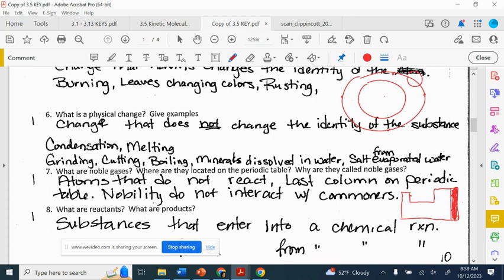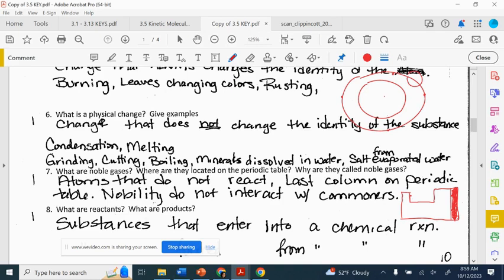So they don't react with anything else. That's why they're called a noble gas. So if you have a sample of helium, for example, it's not going to react with anything. Okay. So atoms that don't react, they're in the last column, and they call them noble gases because, like the nobility, they won't interact with the common folk. So that's where they got the name.